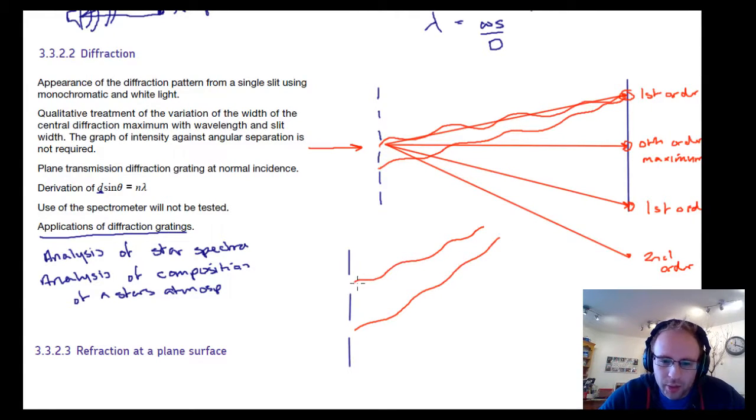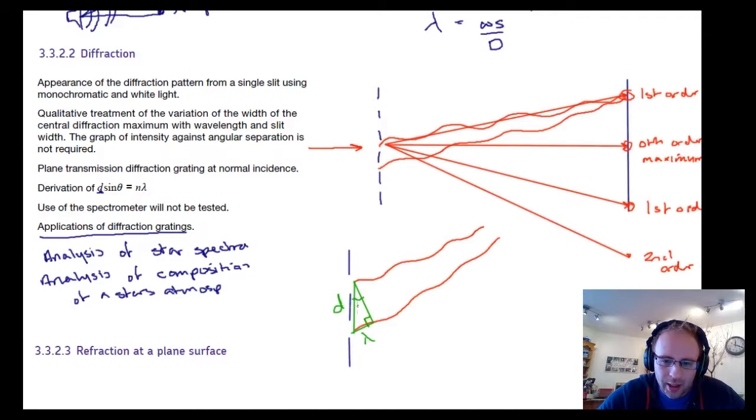What we can do is what we did earlier to figure out the path difference. We can use this triangle. On this triangle, the slit separation d is the hypotenuse. This is a right angled triangle. This section here is lambda, that's our wavelength.